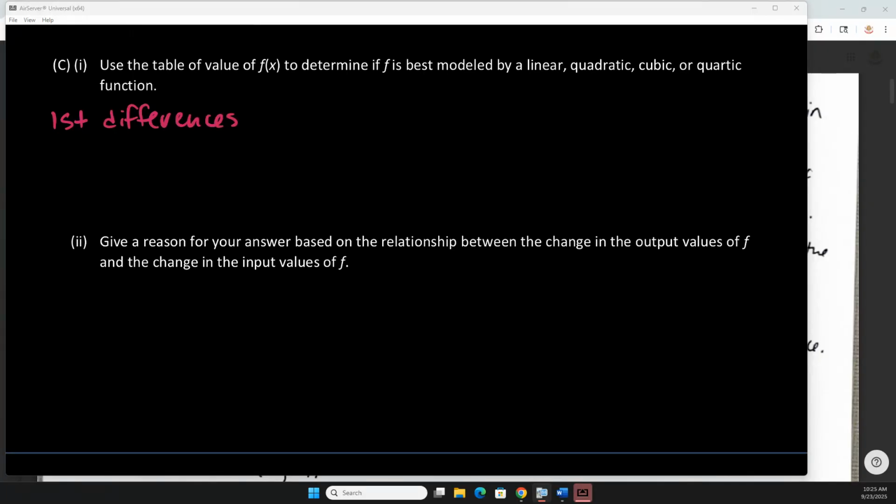All right, so my first differences are 2, 4, 30, 104, 250, 492, and that's just taking one and subtracting the previous one. If those were constant, which means they all gave you the same number, then what would this be? Linear. They're not, obviously. So then we go to the second differences.